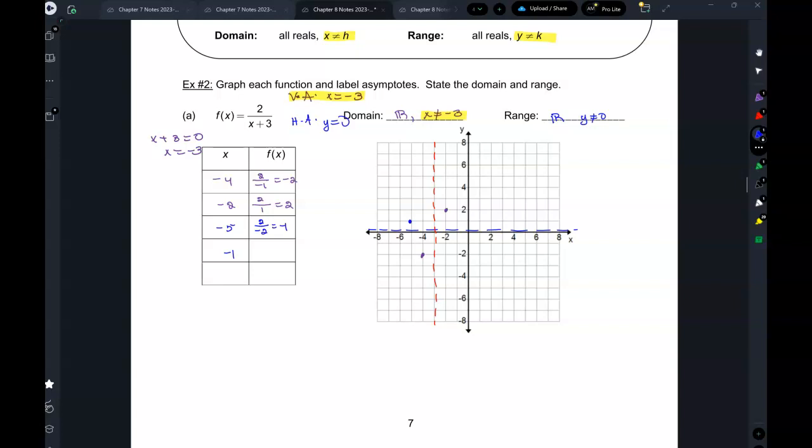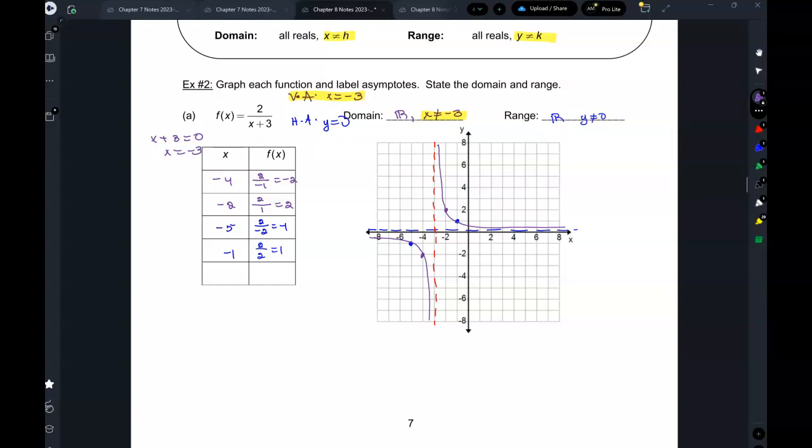And when x is negative 1, I get 2 over 2, positive 1. Now I can go ahead and graph like this.